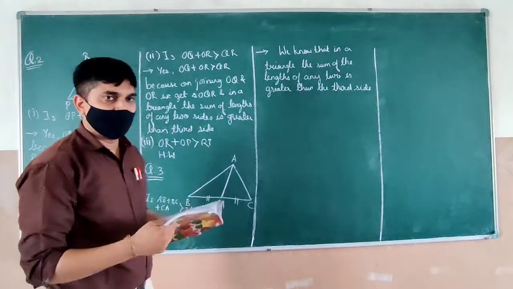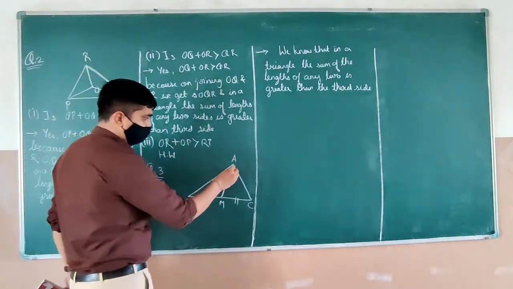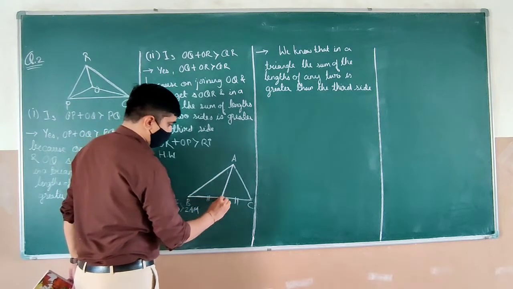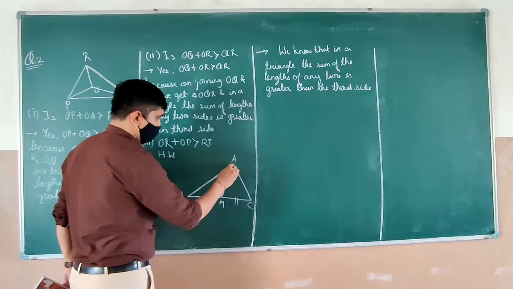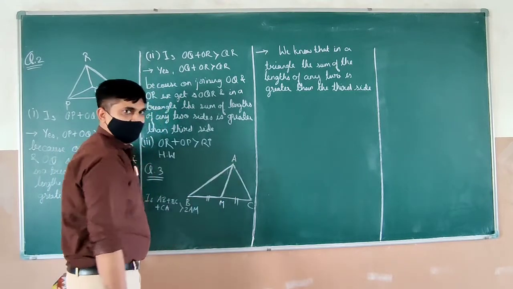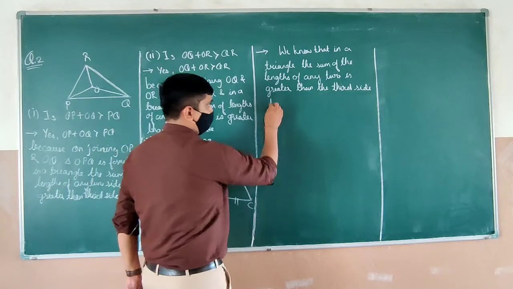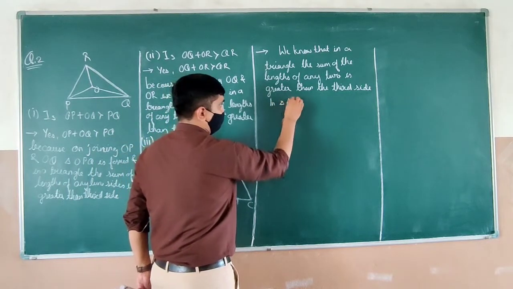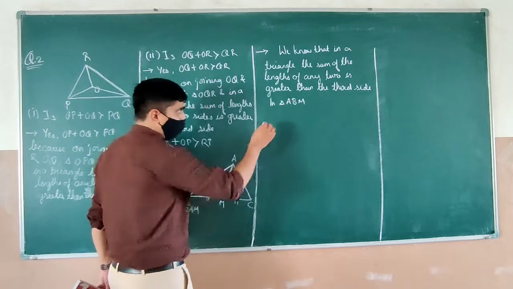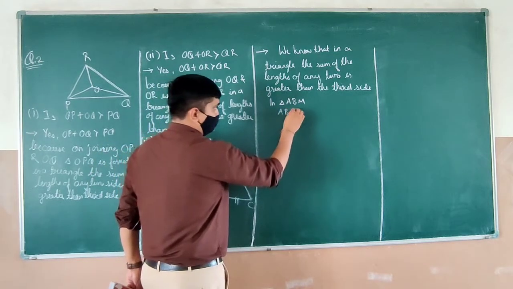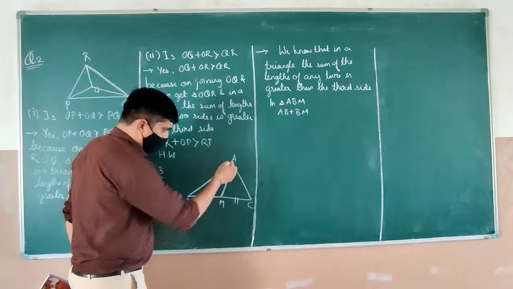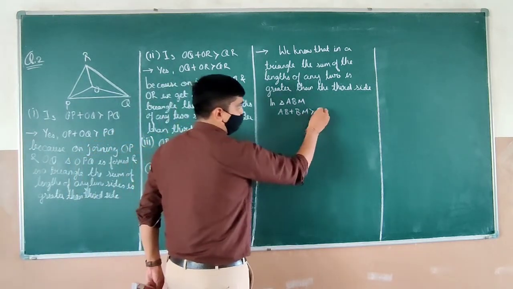Now look into this triangle ABM. I am taking this triangle. Is it a triangle? In triangle ABM, can I say AB plus BM is greater than AM?